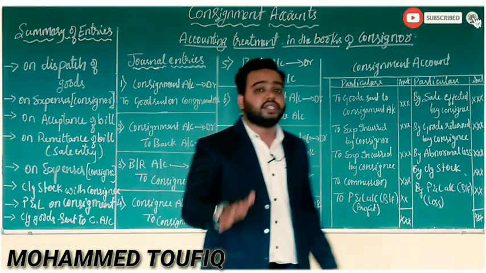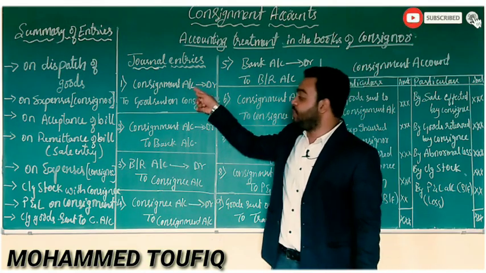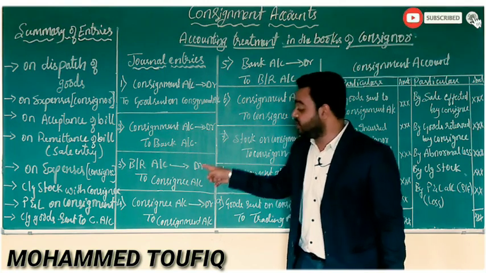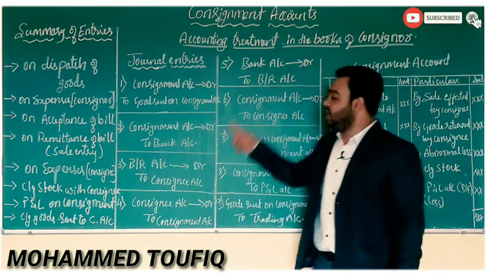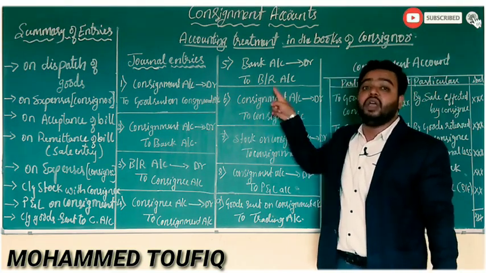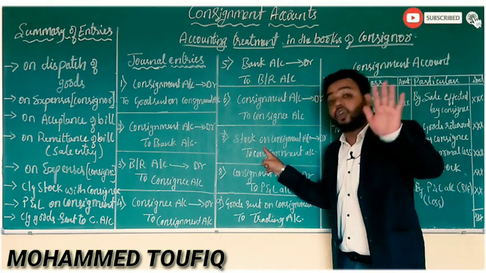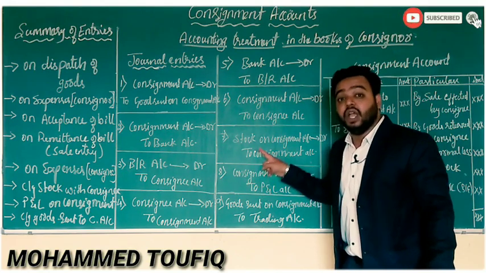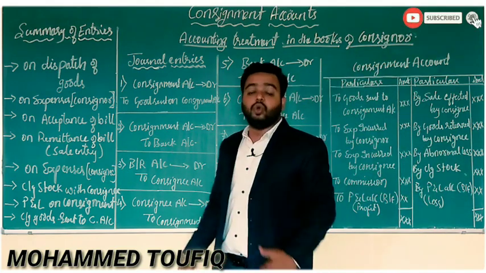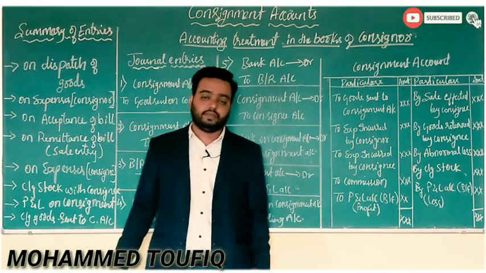So these are the general entries which you have to prepare in the books of consignor. The first entry will be on dispatch, the second entry will be on expenses paid by the consignor, the third entry will be on bills acceptance, the fourth entry will be on sale made by the consignee, the fifth entry will be on bill remitted if there is a bill, the sixth entry will be on expenses paid by the consignee, the seventh entry will be on closing stock, the eighth entry will be on profit or loss on consignment, and the ninth entry will be on closing for goods sent on consignment account.